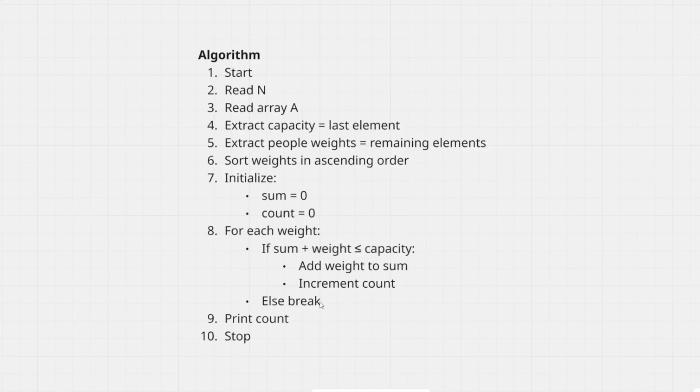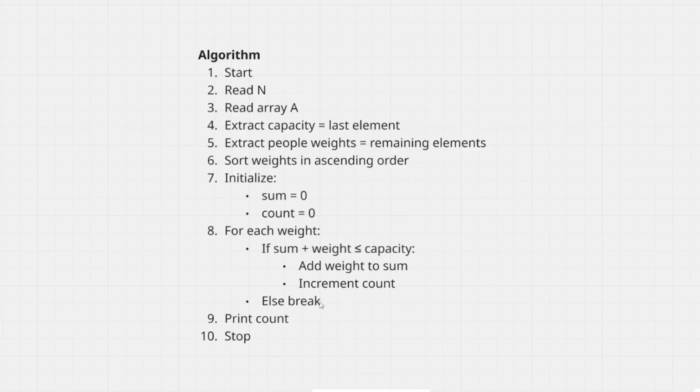So let's see the pseudocode. At first, we get the input n, and after that we get the input array as well. Initialize capacity equal to array of n minus 1, and weight equal to the first n minus 1 elements.